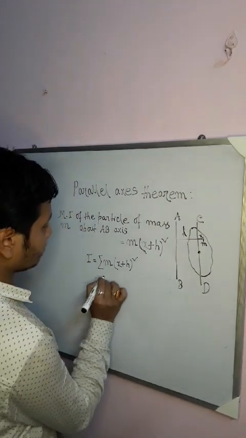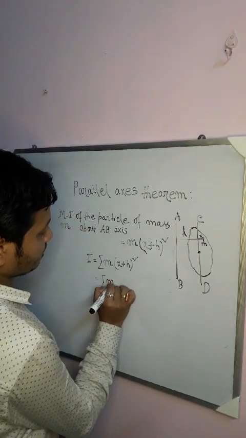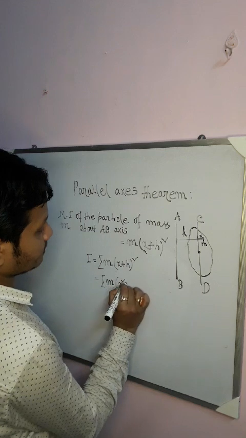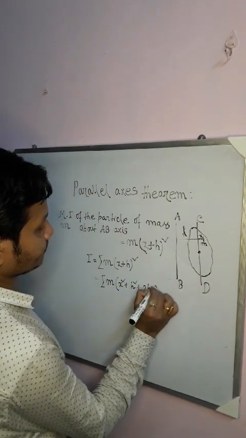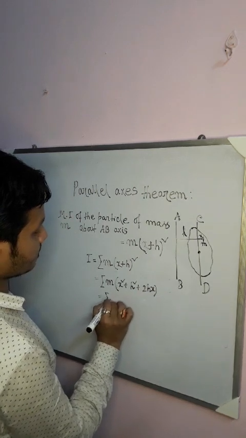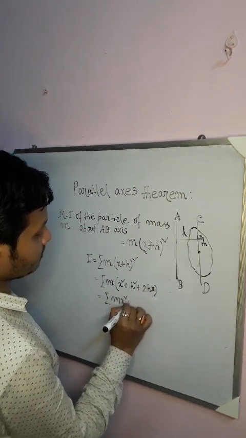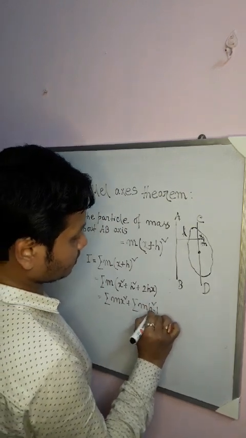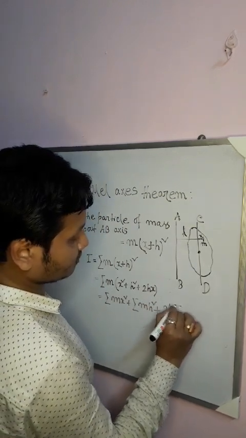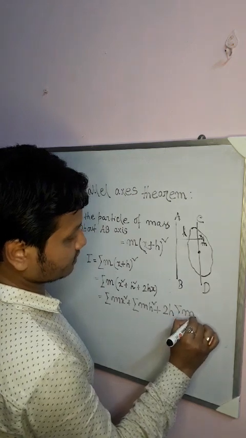So just simplify this. This is the sum of m into x square plus h square plus 2hx. So this is the sum over mx square plus the sum over mh square plus the sum over 2mhx. And this term h is constant, we can write it in this way.